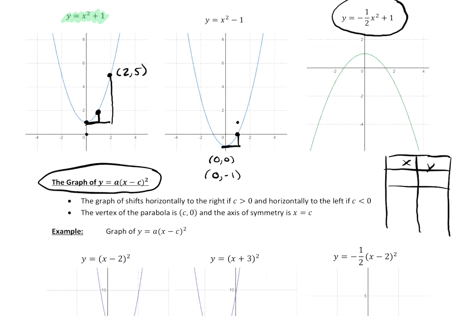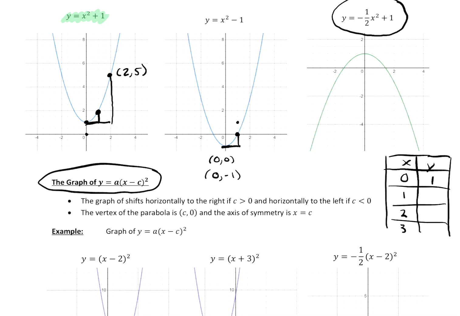My vertex doesn't shift anywhere, so I'm not even going to bother. X is 0, x is 1, x is 2, x is 3. So when x is 0, well, what happens to the negative 1/2 x squared? It's 0 plus 1. Now, I don't like necessarily to use numbers like 1 because it can make your values a little bit more confusing, but let's give it a whirl.